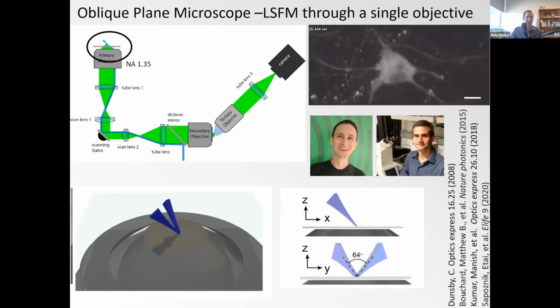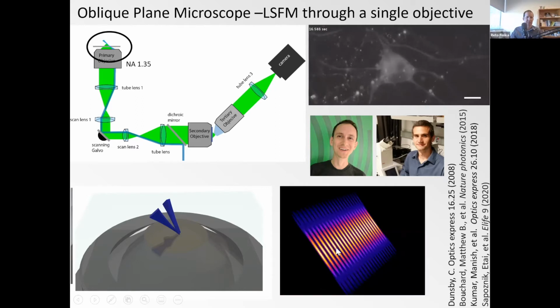Sure, if we could make that opening angle larger, the pattern would be finer, but nevertheless, this allows you to get fringe spacings down to about 300 nanometers, which is not bad. For SIM standards it's maybe moderate, but for light sheet standards, if you compare it to the lattice light sheet, it's quite respectable. We will see in a bit what that can buy us.